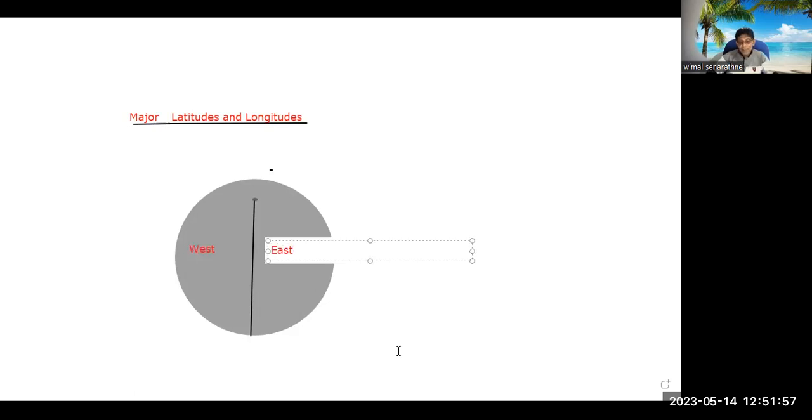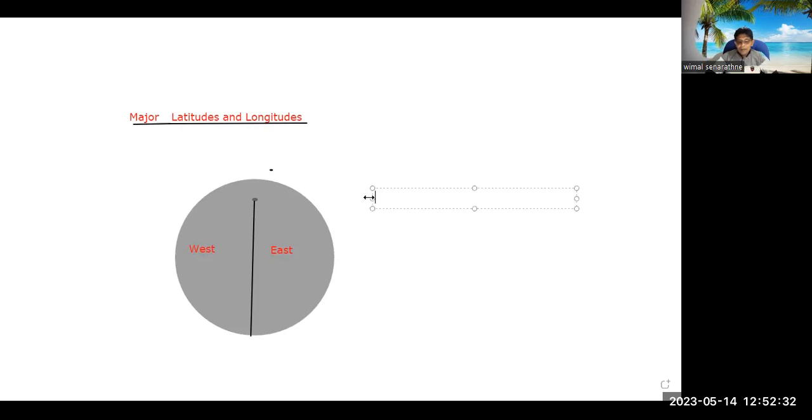On the western side there are 180 longitudes, on the eastern side there are 180 longitudes, and the total is 360 longitudes.